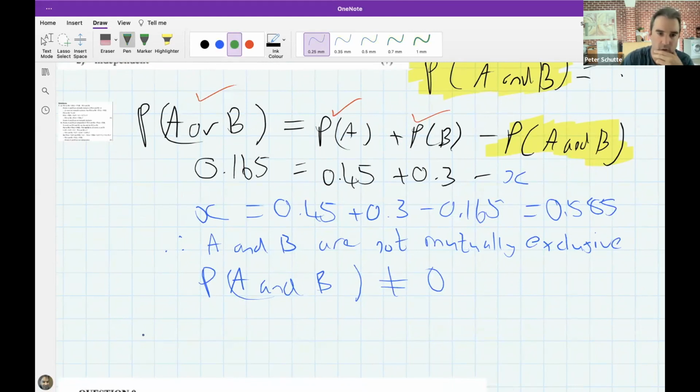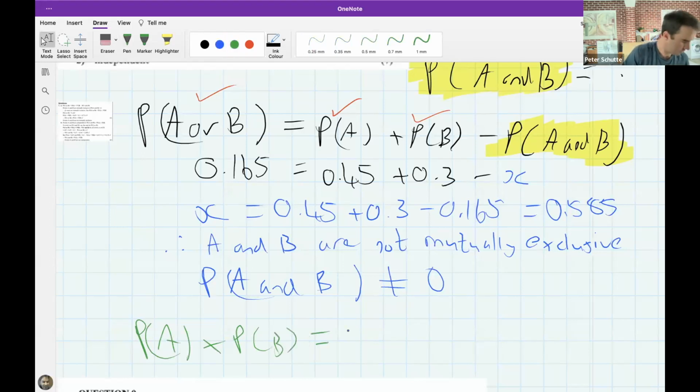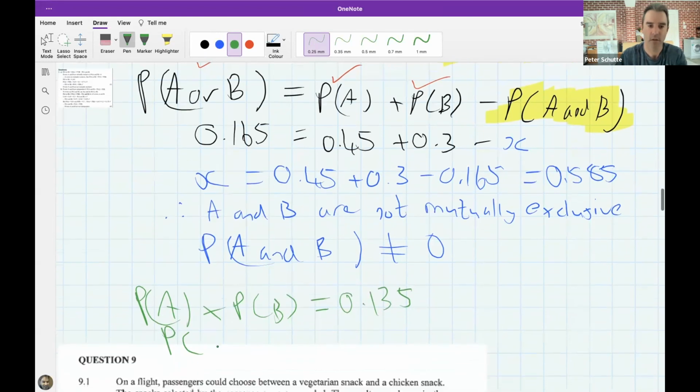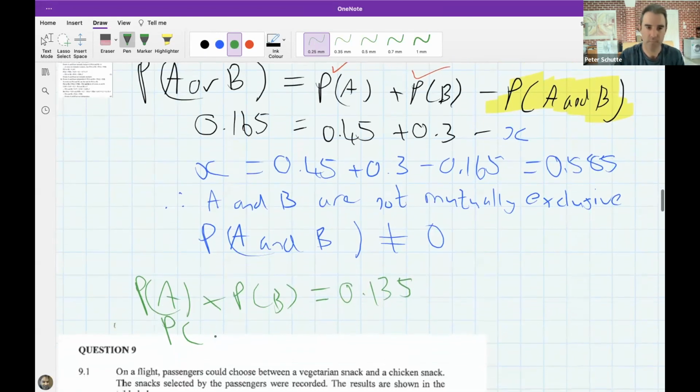Okay, so we know P of A times P of B must give us 0.45 times 0.23, which is 0.135. We know that P of A and B, we worked it out earlier in the question, was 0.585. Now, what does that tell us?